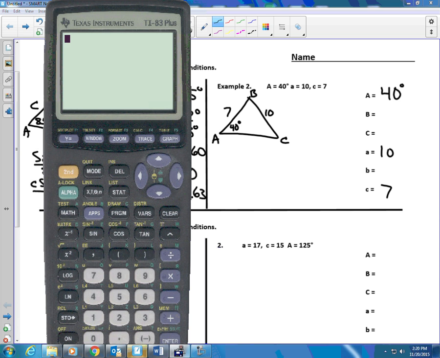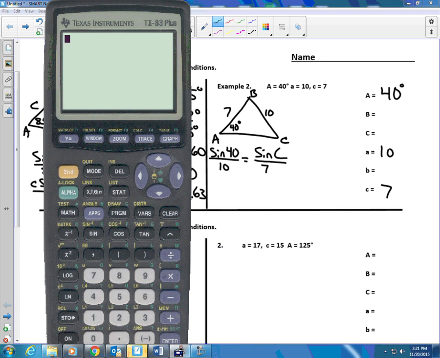So, what do I do? So I've got sine of 40 over 10 because I know A and its opposite side equals sine of, we're going to call it C divided by 7.